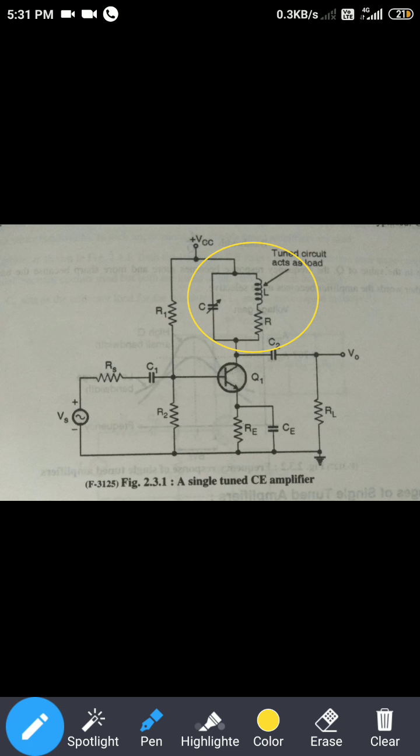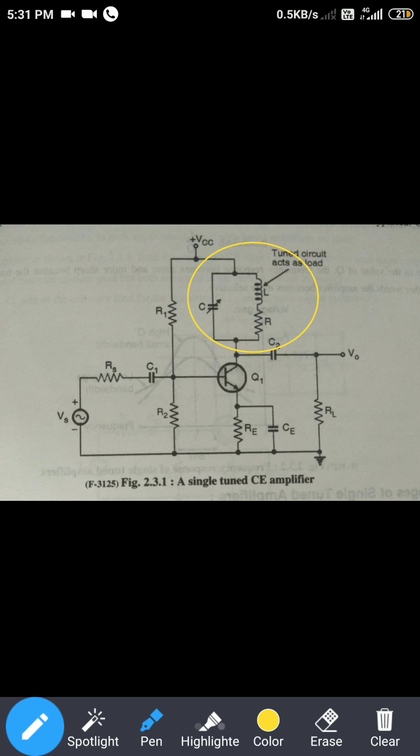This type of amplifier can be used at radio frequency. The load is parallel; this tuned circuit is the load. Next, the resonant frequency FR can be adjusted. I already told you that the variable capacitor is used to adjust the resonating frequency or the tuned frequency.